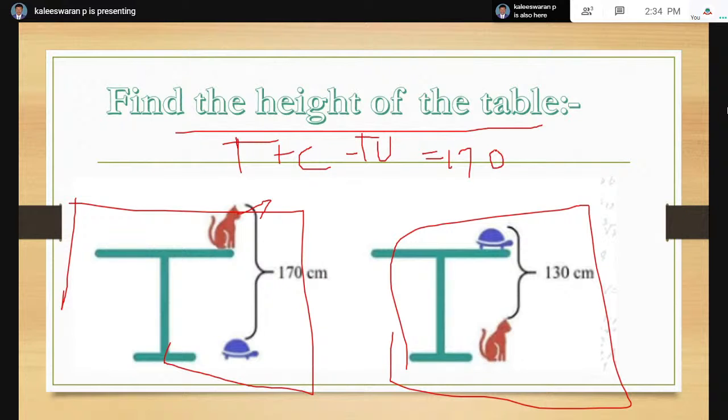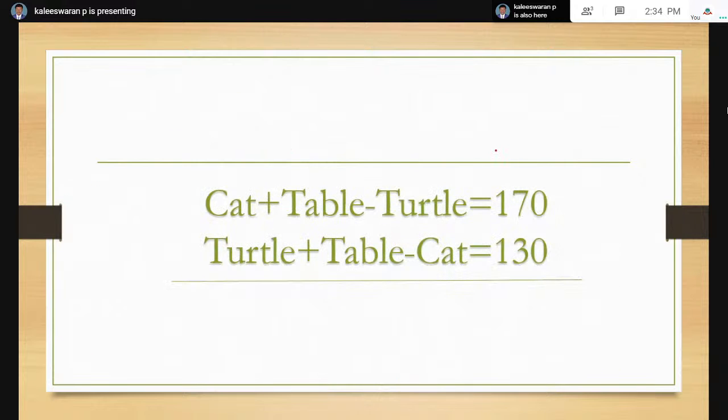Now write the same for the second figure: table height plus turtle height minus cat height equal to 130. When we add these two equations, the minus turtle and plus turtle get cancelled, and the plus cat and minus cat get cancelled.